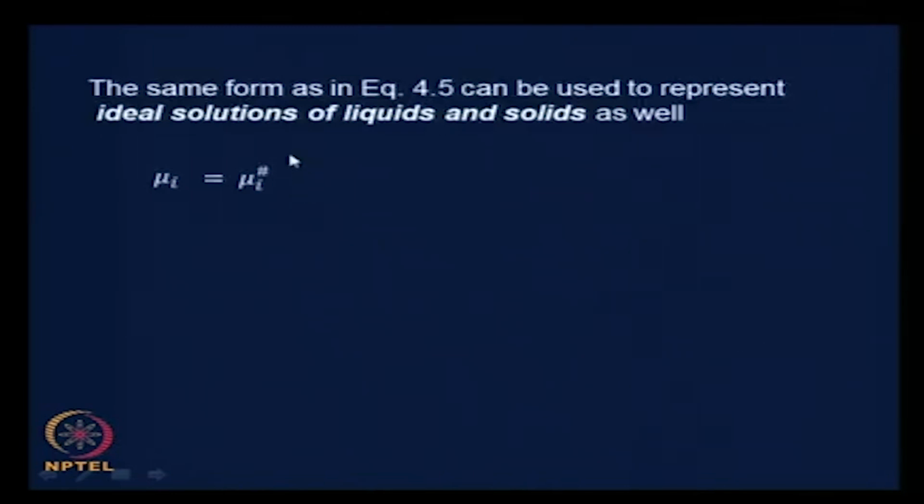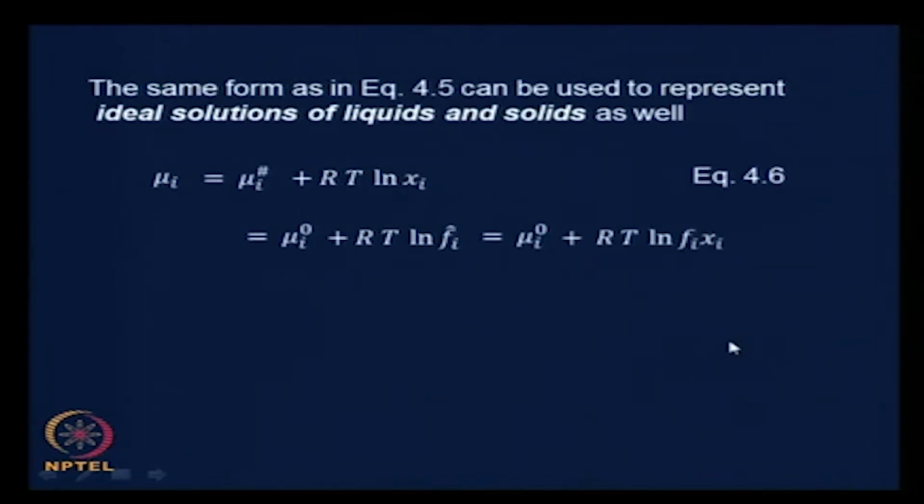For the ideal solutions of liquids and solids, we use xi as the mole fraction of the component i in the liquid or the solid solution. Then for the non-ideal gas solution, I had earlier said real gas solution, make it non-ideal gas solution, we write mu i equals mu i hash plus RT ln phi i yi.